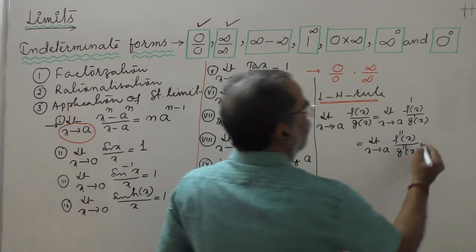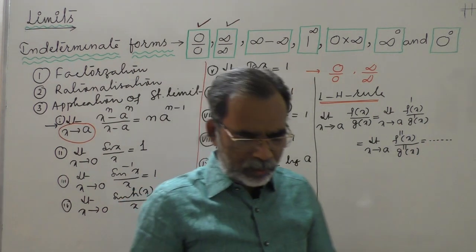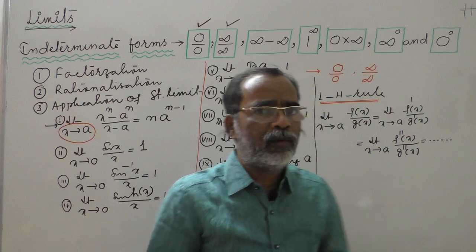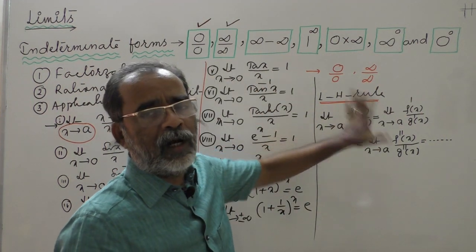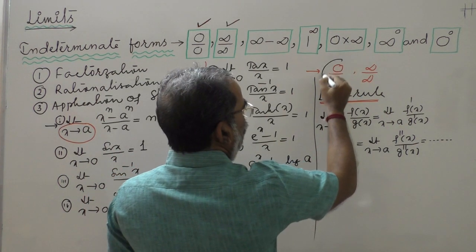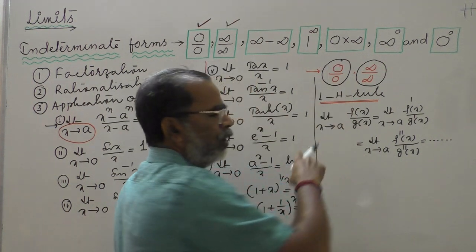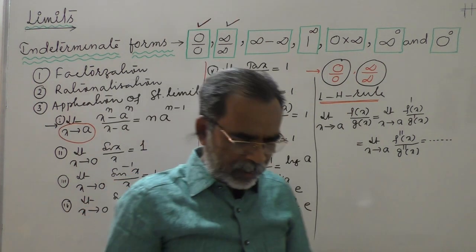This process can be continued any number of times until you get the determined value. This is L'Hospital rule. It is applicable only for these two indeterminate forms, 0 by 0 and infinity by infinity.